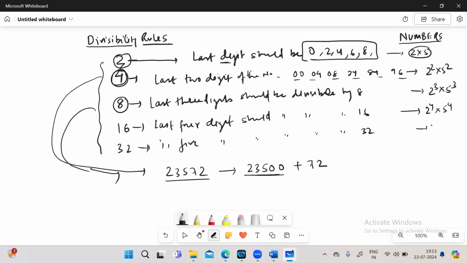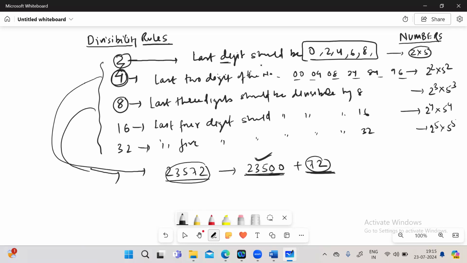And then a lakh is 2 to the power 5 into 5 to the power 5. So any 100, which has two zeros, will be divisible by 4. So this number can be divided into two parts, one which you are confirmed will be divided by 4. You just need to check the other.